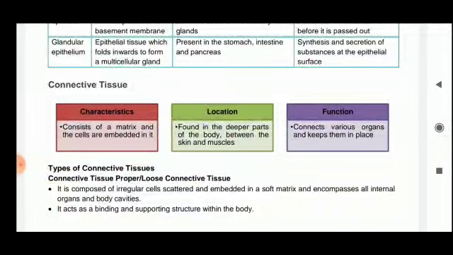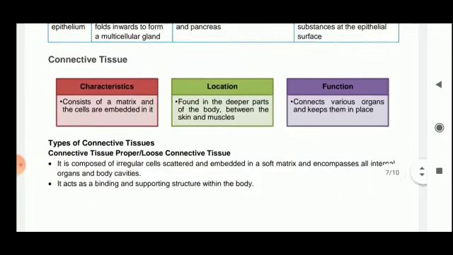So children, we have seen that animal tissues are of various types. We have seen the first type, the epithelial tissue. Now we are moving to the second type, which is connective tissue.